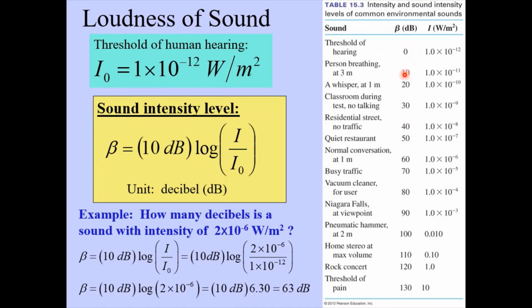Notice that this scale is certainly not linear. This is a logarithmic scale. It goes up by factors or powers of 10. Some of the loudest sounds that we can handle, for example, a rock concert, are around 120 decibels, and once you get above that, the sound becomes painful and can actually damage your ears.